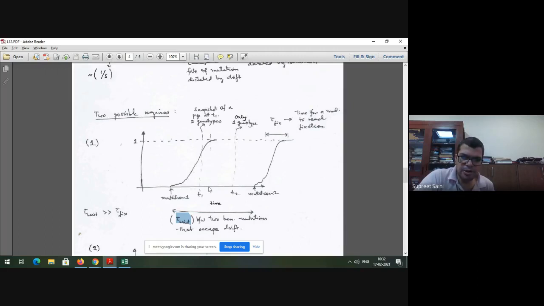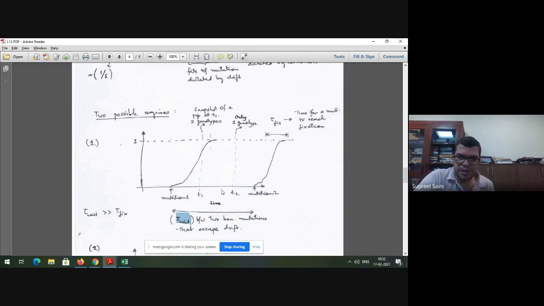In fact, most beneficial mutations are going to get lost because of drift. So the tau wait that I'm talking about is the time I have to wait between two beneficial mutations that escape drift. I'm not talking about the beneficial mutations that do not escape drift and are hence lost in this intervening tau wait time. So that's the first time scale.